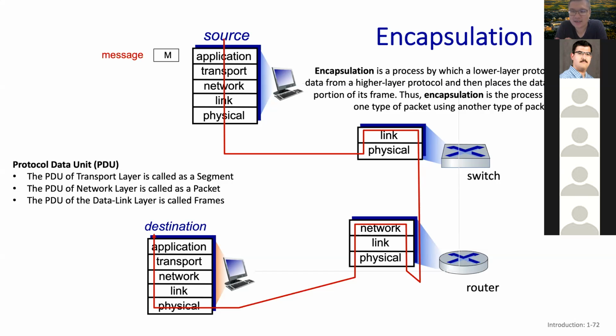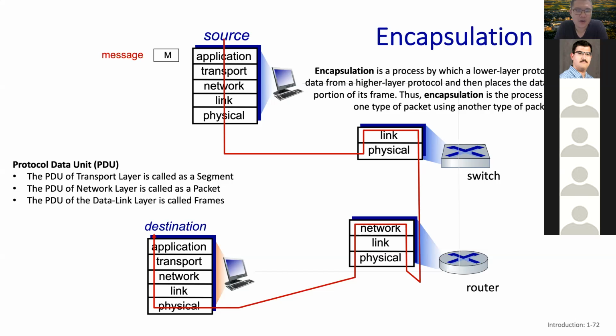So you add some small information to that packet, message, segment, or frame. Here is a definition of segment, packet, and frame, but generally you don't need to worry too much about these. We will talk about each layer in detail. Generally speaking, that's a protocol data unit, and different layers have different names for the data unit.